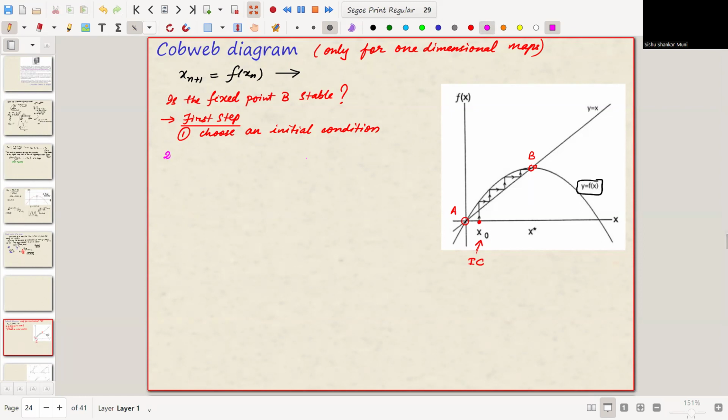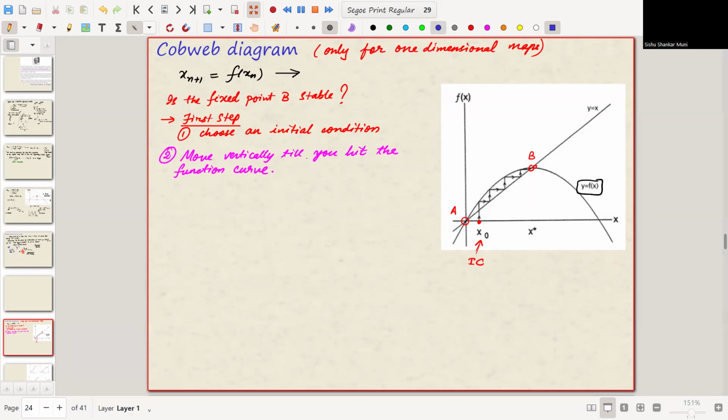Step 2: move vertically till you hit the function curve. Can you see now where we are?